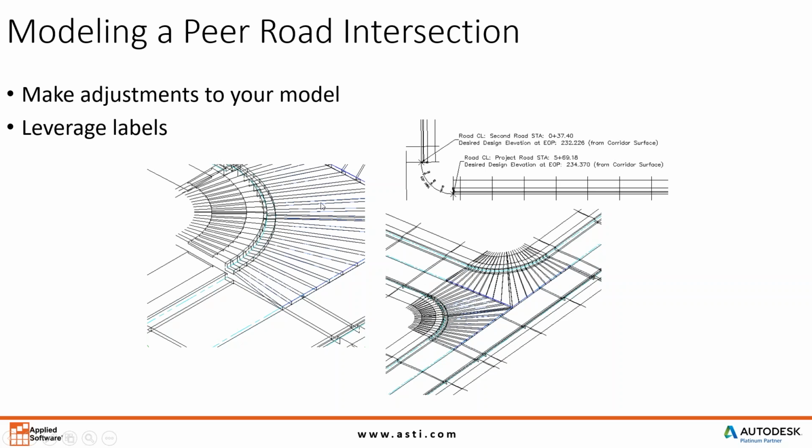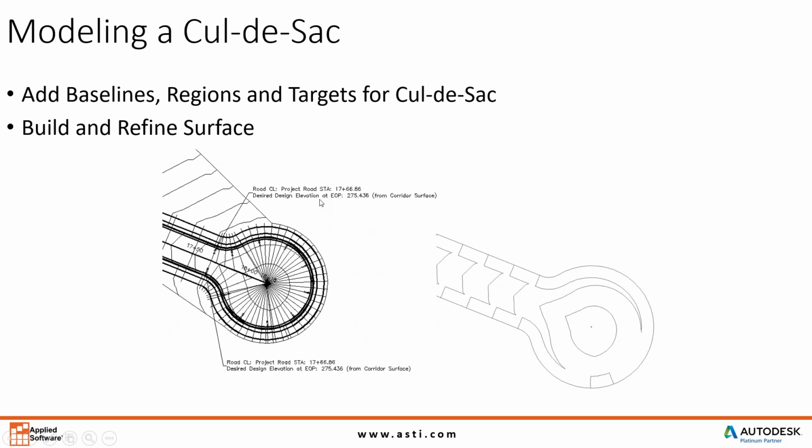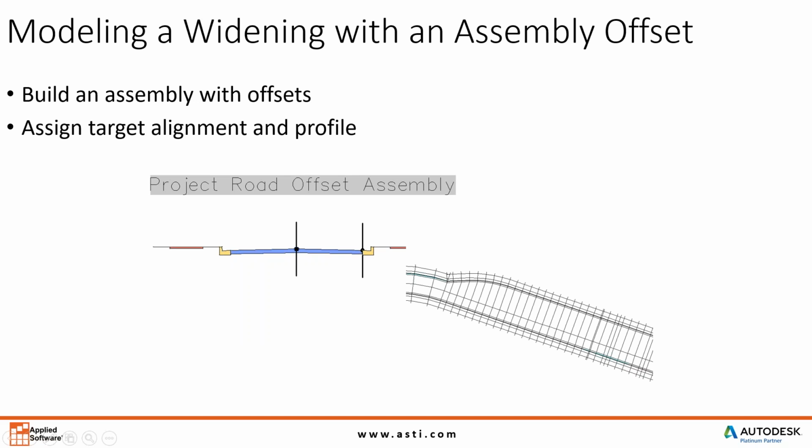So just some different things in terms of what you're going to be running into, and then making those adjustments. So these things that I'm kind of talking about right now is that 3 hour or that 2.5 hour session that we want to be able to dig deep down into. But as of right now, we're just kind of quickly overviewing some of the things that are necessary in terms of the baseline, regions, targets, whether it's a corridor, cul-de-sac, or a roundabout, or just a typical road.